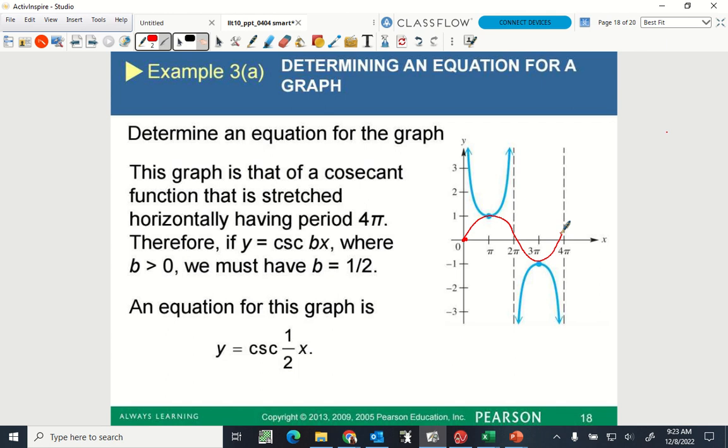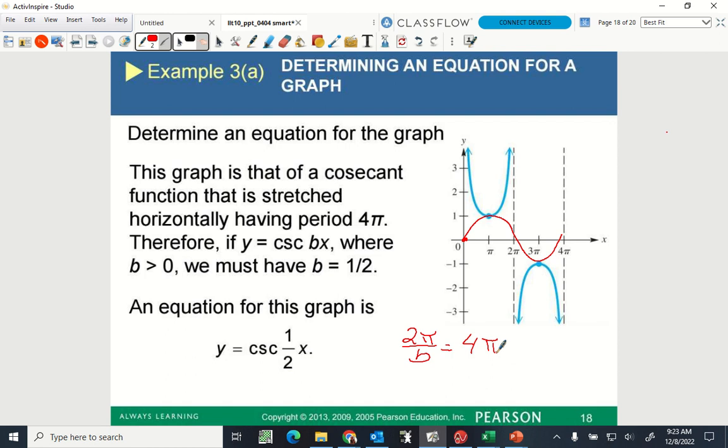So my period, 2 pi over b, is equal to 4 pi. My period is always 2 pi over b. I'm setting this up because I want to figure out what the b value is.